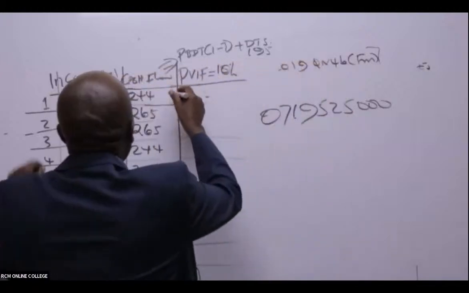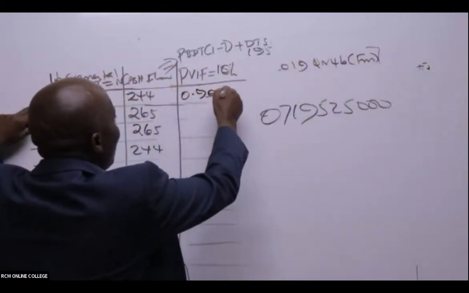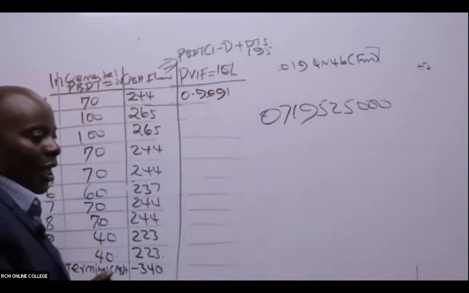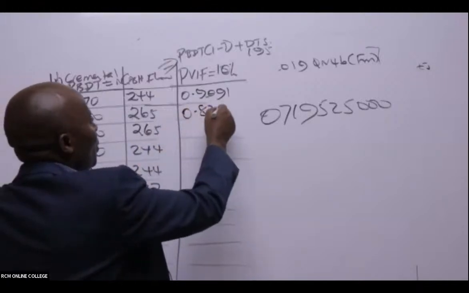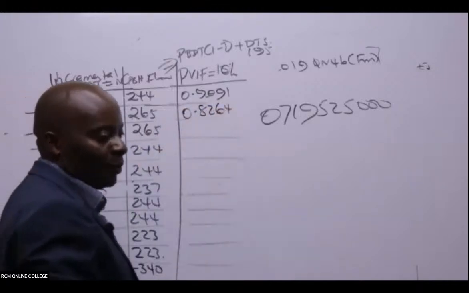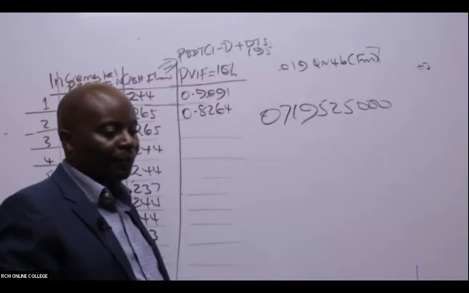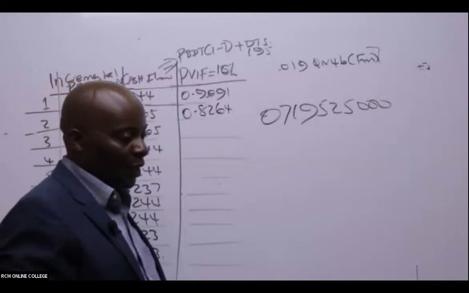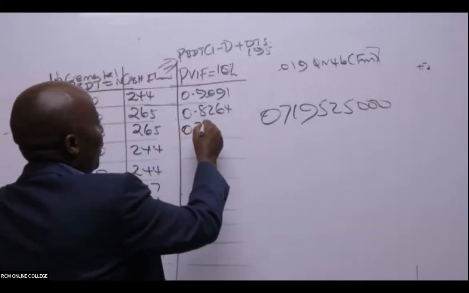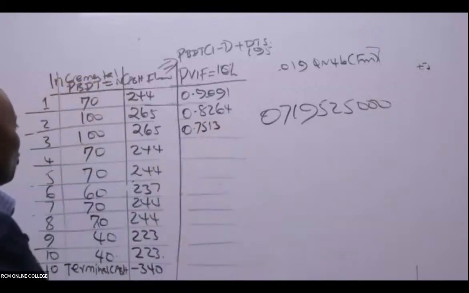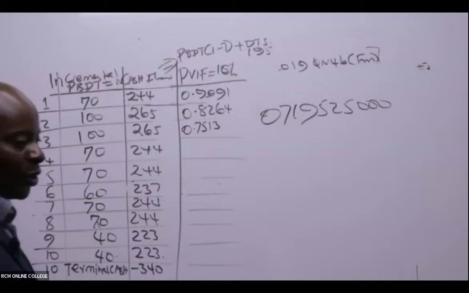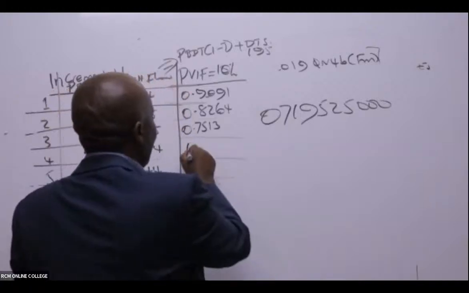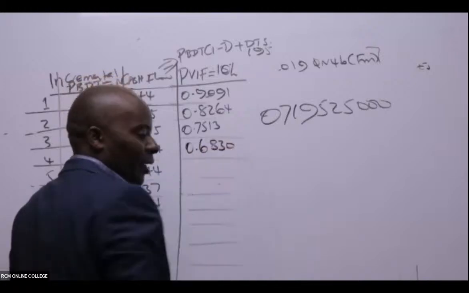Year one, 10%, it is 0.9091. Year two, from the table, 0.8264. Year three, 0.7513. Year four, 0.6830.